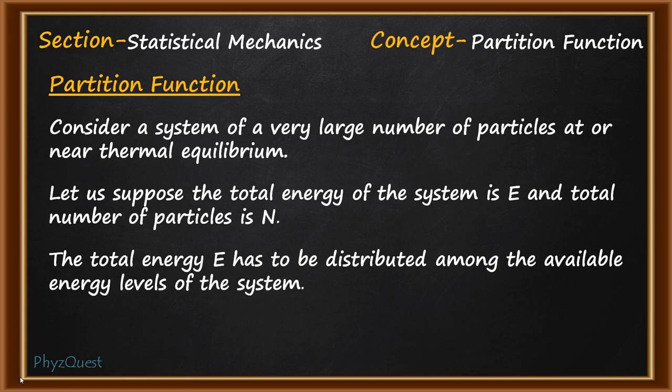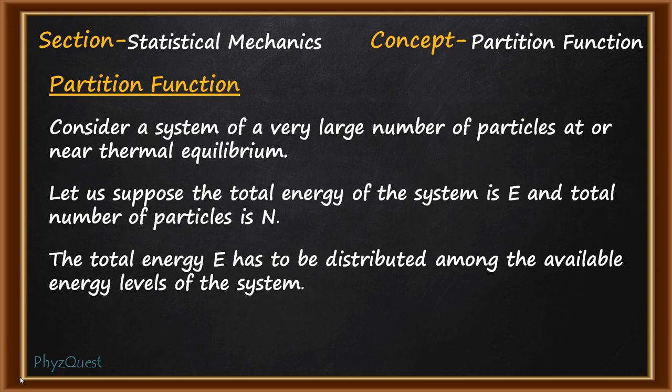Basically, the total energy E is shared among all the particles, and depending on the energy, the particles are distributed over the available energy levels. Or in other words, particles are partitioned among different energy levels. That is why the name partition function. And this process is done by using the Boltzmann distribution.